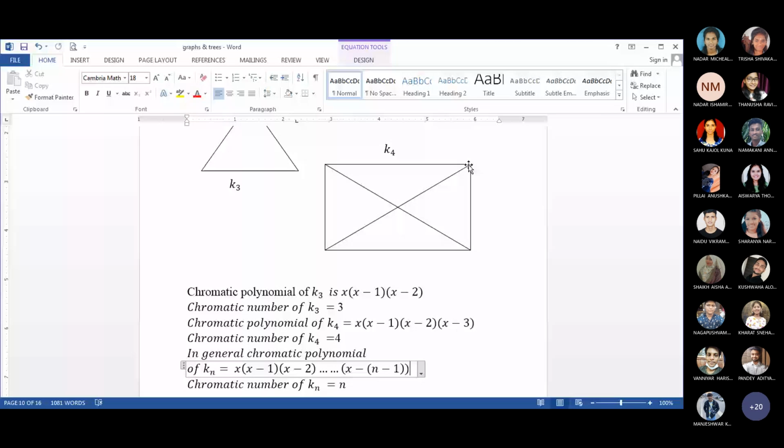This much is okay? Yes, sir. You come down, this can be treated as vertex 3. For this you will have x minus 2 possibilities. Why? Because its color has to be different from the colors of 1 and 2, since all three are adjacent to each other.